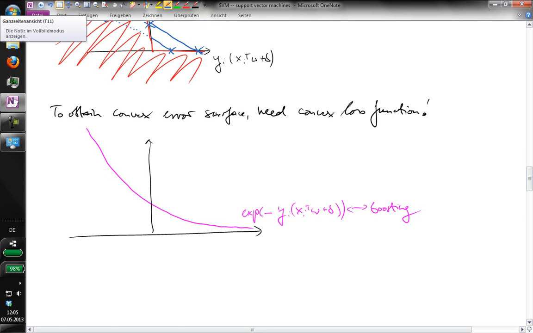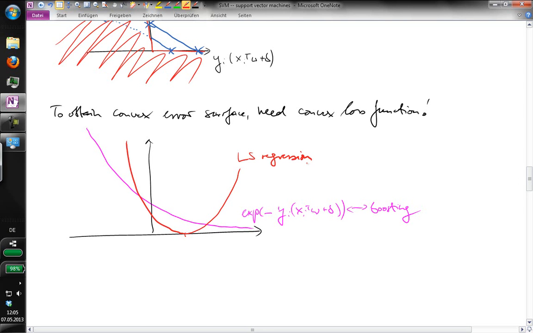Another thing that you could do is take a parabola here. This is what you use implicitly if you use least squares regression.